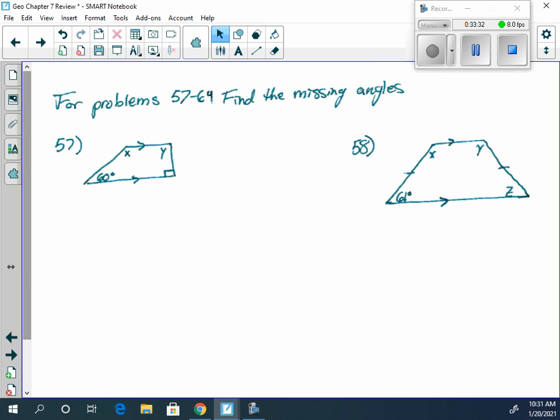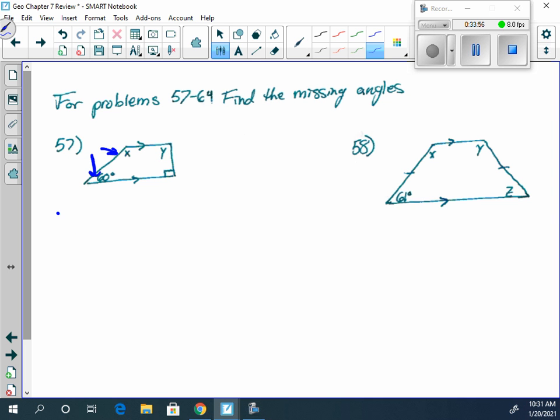Any questions on 57 through 64? In a trapezoid, the angles that are next to each other, so 60 and x, the angles between the parallel sides add up to be what? 180.